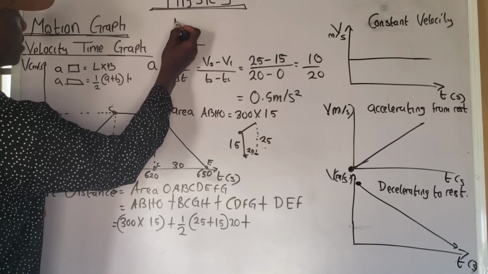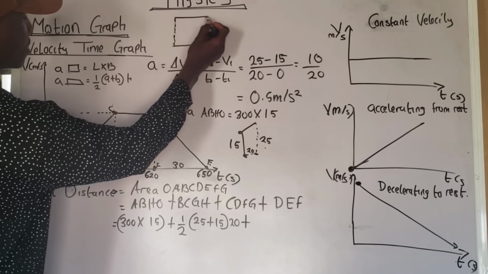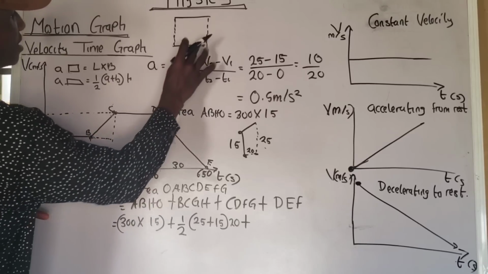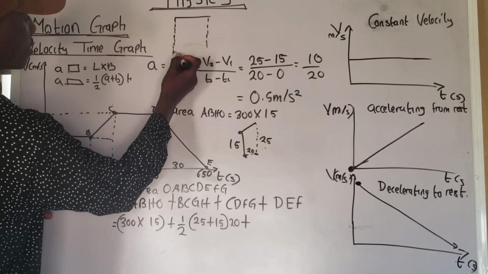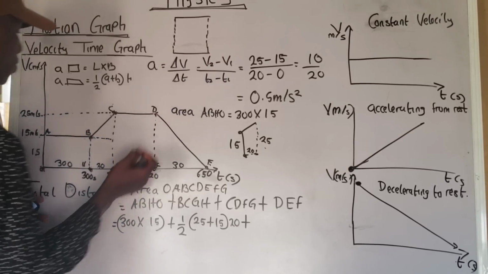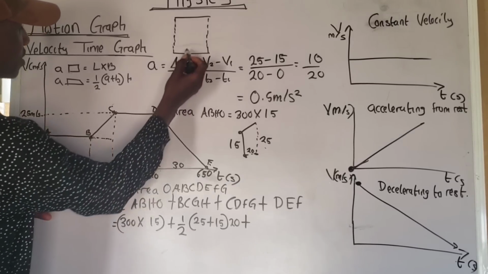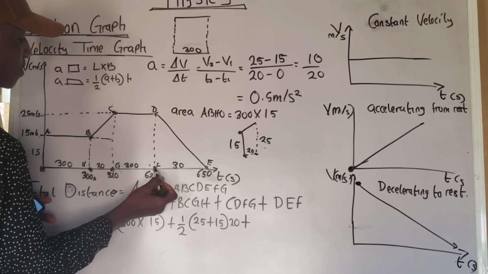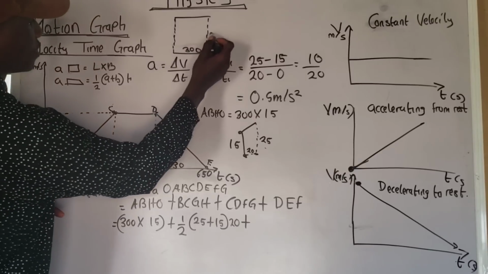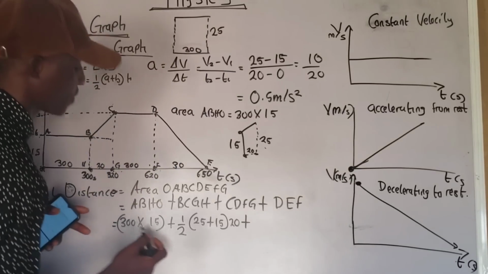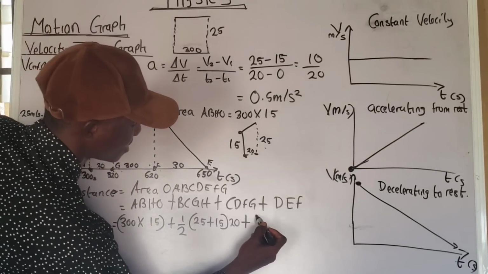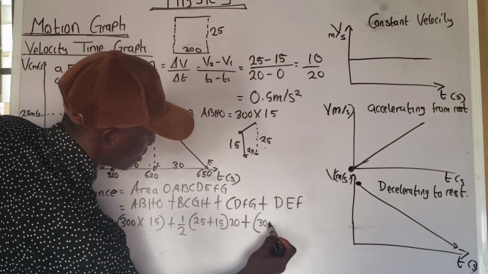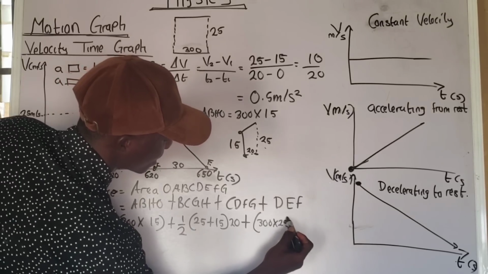You can see that this is the rectangle. The distance from this point to this point is 300, and the distance from this point to this point is 25. So for this, I'm going to have 300 multiplied by 25.